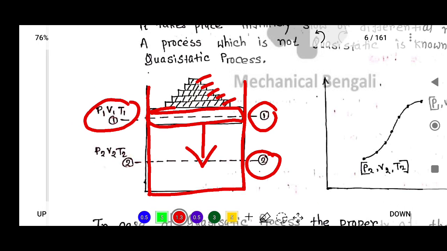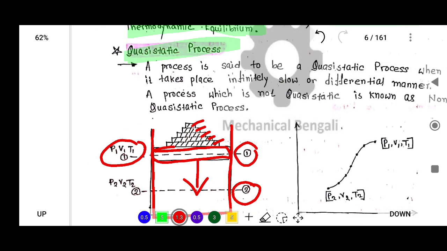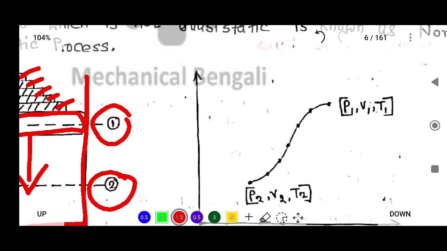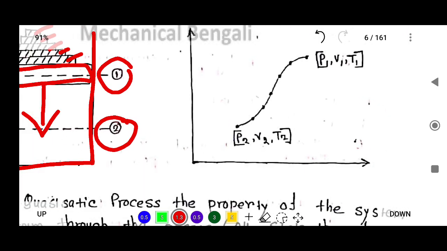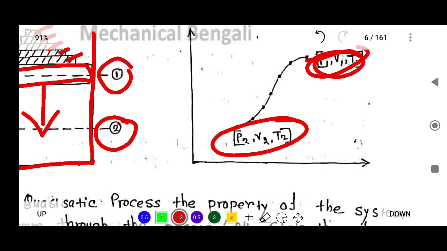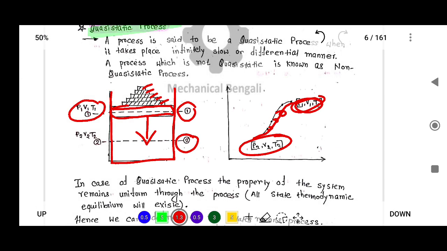So if this process is an infinitely slow process or differential manner, then it is known as quasi-static process. And there is a graph. So this is the initial state, and this is the final state. The state is gradually changing. Slowly the state is changing. So this is known as quasi-static process.